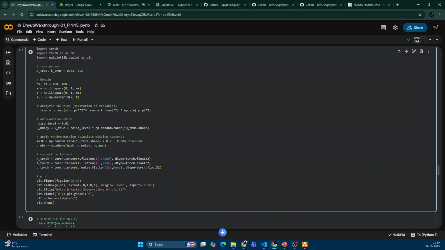Then you convert these data points, the x, t and the noisy ground truth, into torch tensors. And so here is what the data set would look like once you corrupt it with noise and remove a certain percentage of the data.